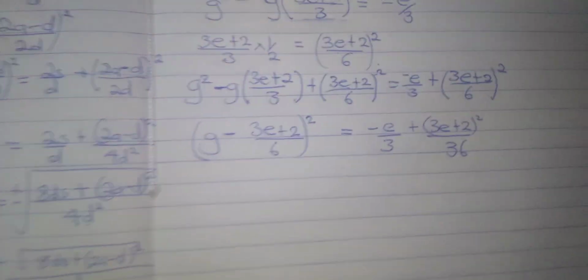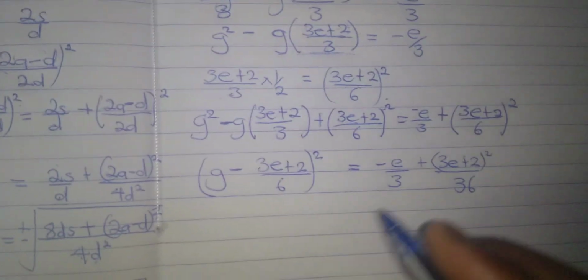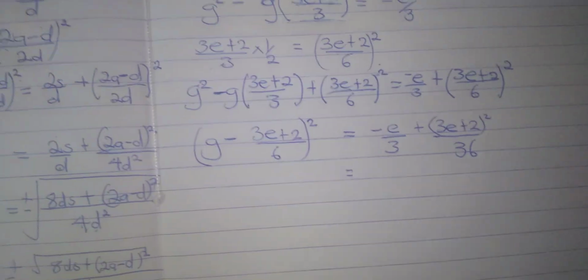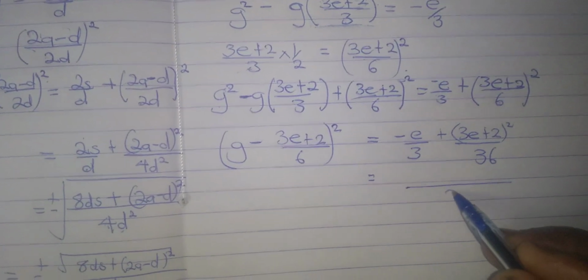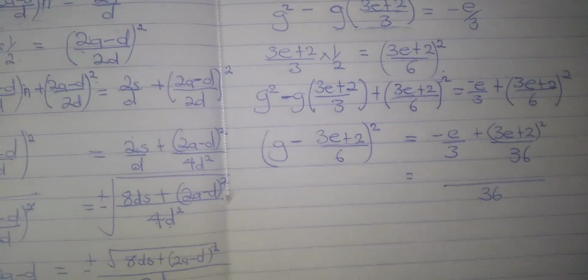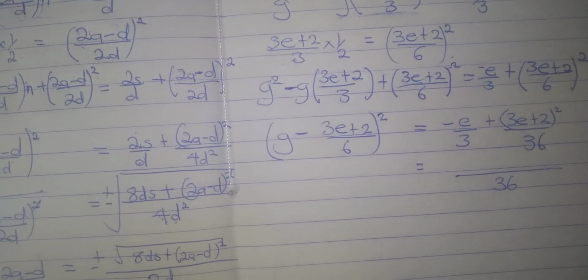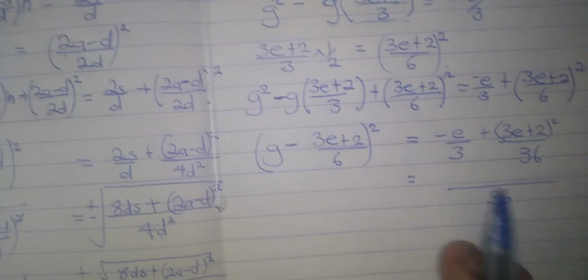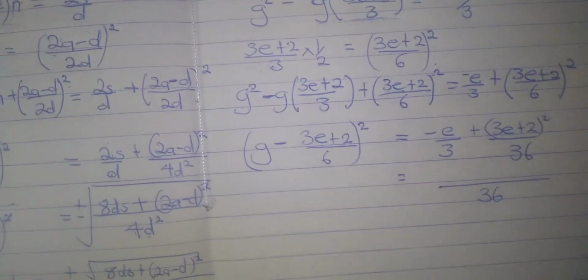That can be simplified. So how shall we simplify it? This will be the LCM, which is 36. 36 divided by 3 will be a 12.